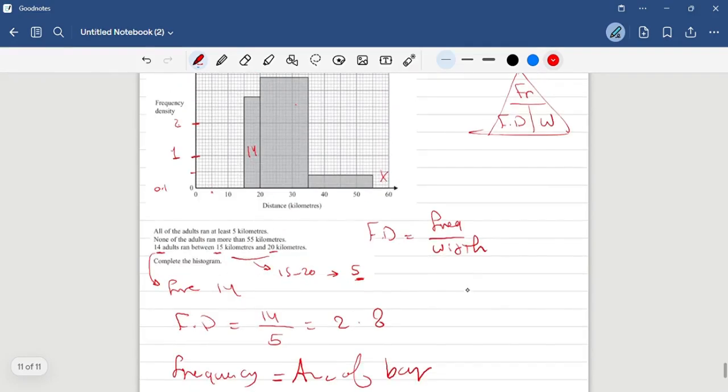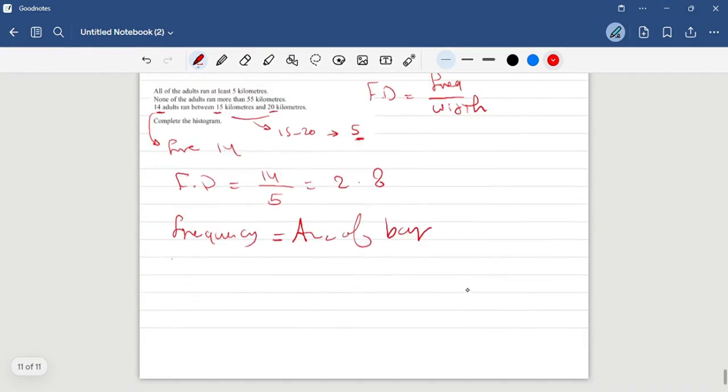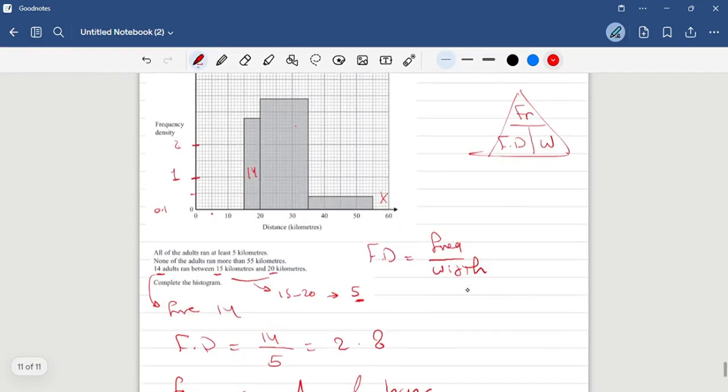Let's try the frequency of this bar. It starts from 20 and ends at 35. So this bar's area is from 20 to 35. As we said, to get the frequency from frequency density, multiply frequency density by the width. So the width is 15, sorry, and the frequency density ends here at 3.4, right?